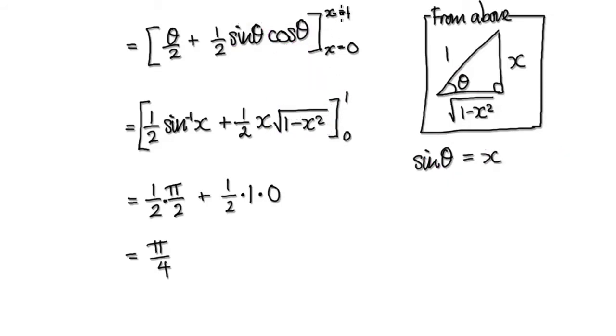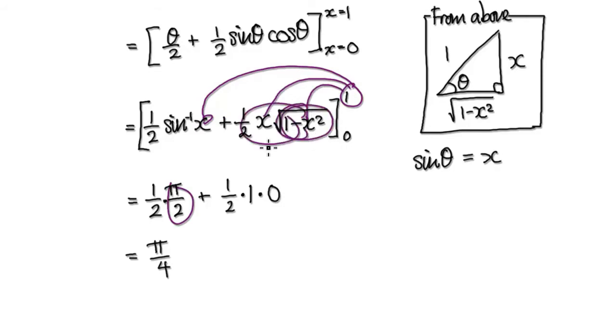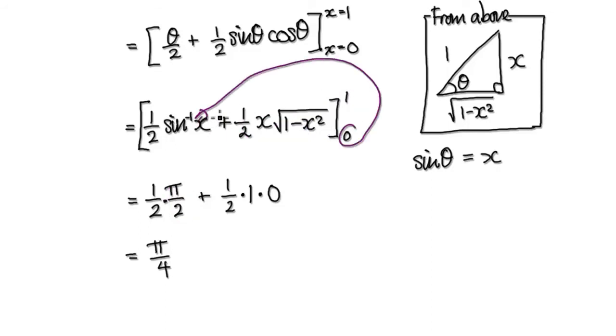And then from x equals 0 to x equals 1, we can just jump to 0 to 1 because we are now in terms of x rather than theta. So now put this into here. That will then give us this. Put this into here, put this into here. This thing here will be 0, making the whole thing 0. And then when you put 0 into here, it will be 0.